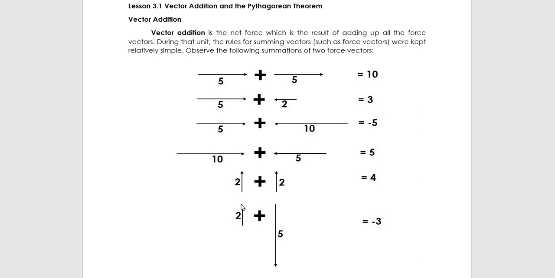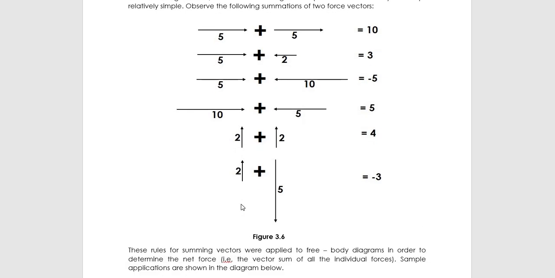Okay, so another vectors here. So meron tayong vector going up, which has a value of 2. So ang value niya is positive because sa Cartesian plane natin, kapag going up or pataas, that is a positive.